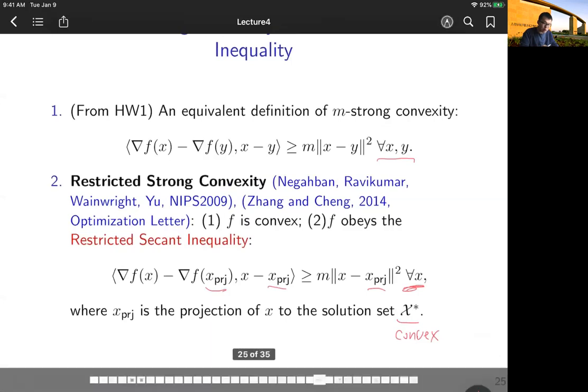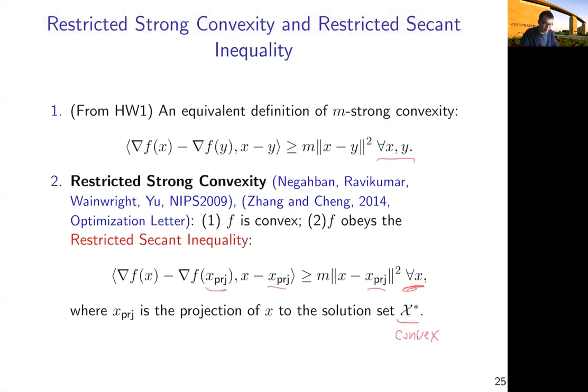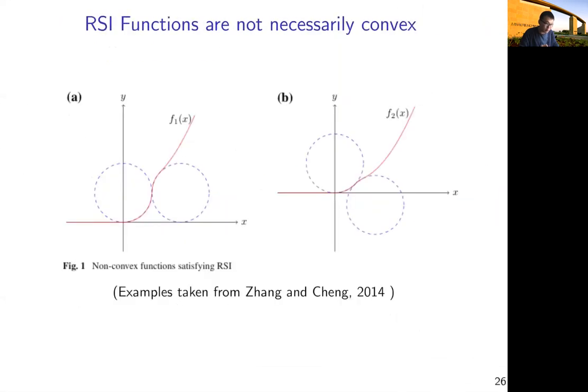Let's build a little bit more intuition about restricted strong convexity. In what sense is RSC weaker than M-strong convexity? If we look at the second condition, the restricted secant inequality, RSI, alone, it doesn't actually imply convexity. That's why we need to further assume that f is convex. Here is a family of examples where you have a non-convex function, but it satisfies RSI.